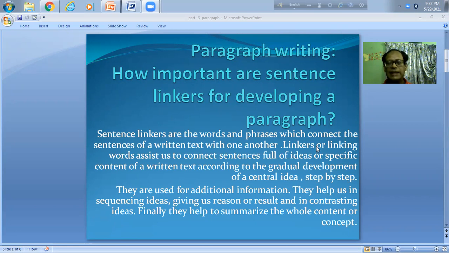Those sentence linkers help you in sequencing ideas, giving reason or result, and contrasting ideas. Ideas can be contrasted by sentence linkers. They can be compared as well. Finally, they help us to summarize the whole context or concept.